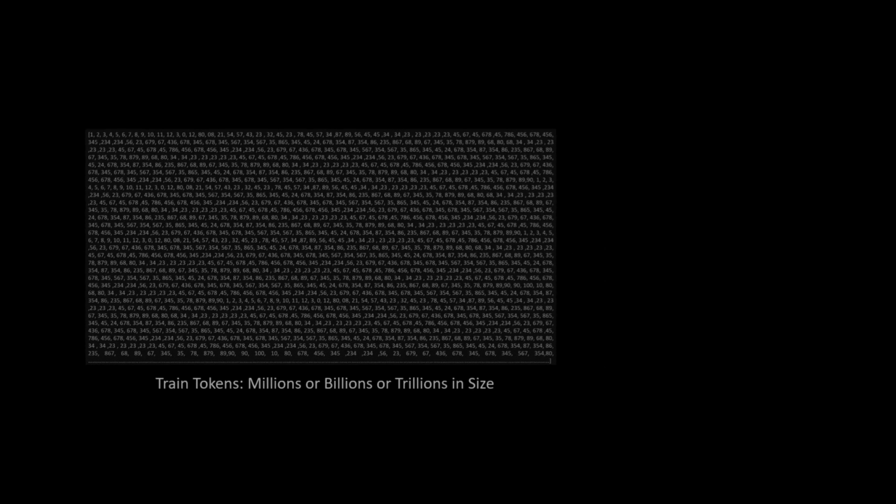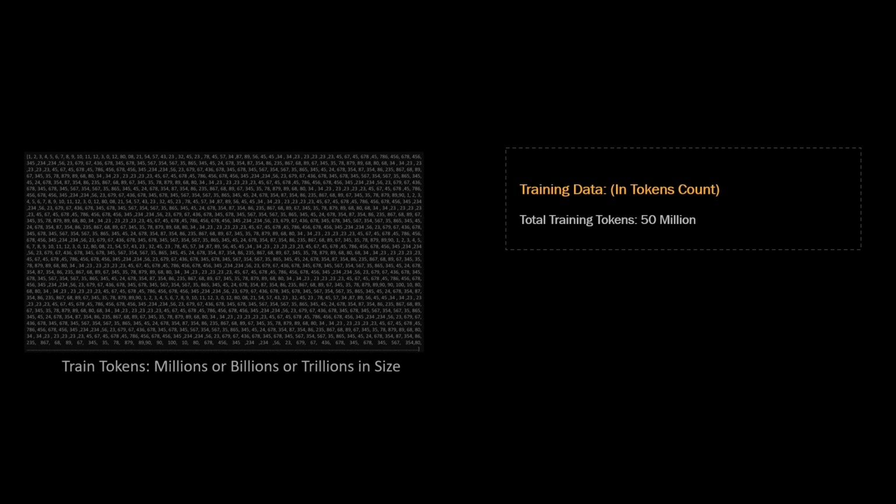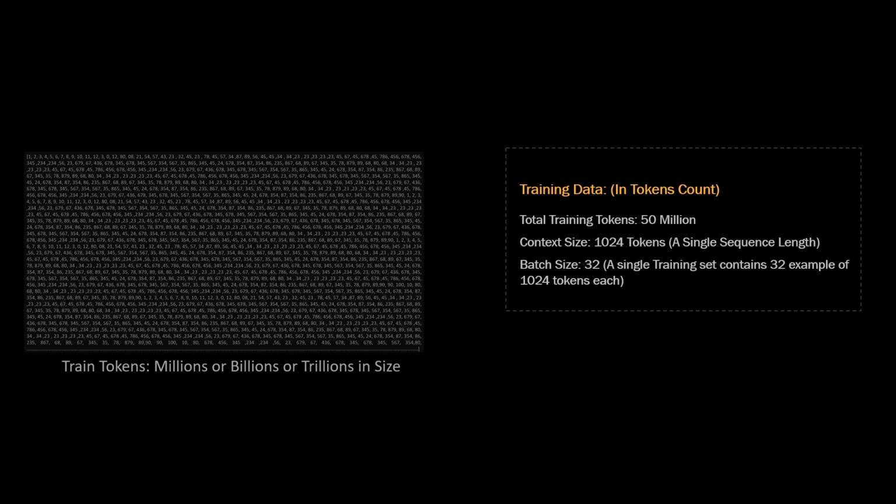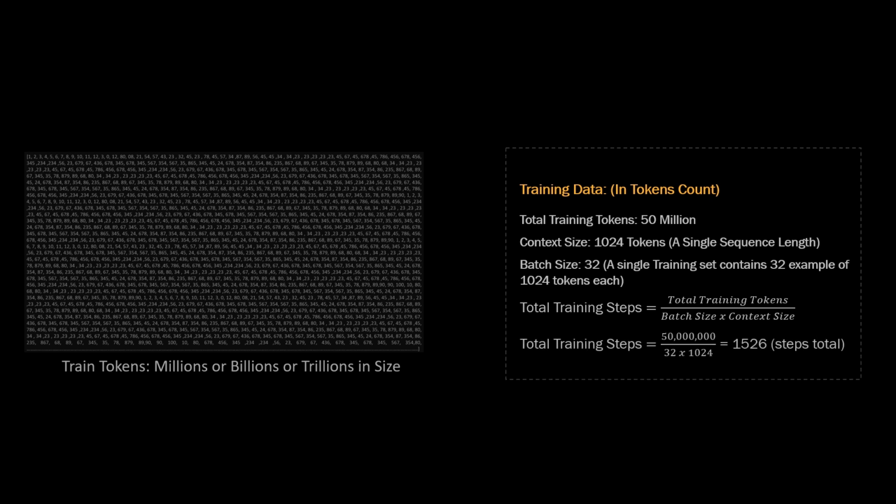For example, if we have a total training dataset size of 50 million tokens, and we set a context size of 1024 with a batch size of 32, then each training step processes 32 sequences of 1024 tokens. To compute the total number of training steps required for one full pass through the dataset, we divide 50 million tokens by the total tokens processed in one step, 1024 times 32, which gives us approximately 1526 training steps.